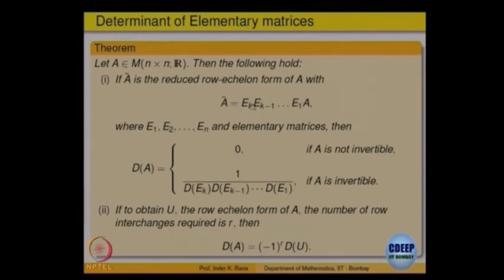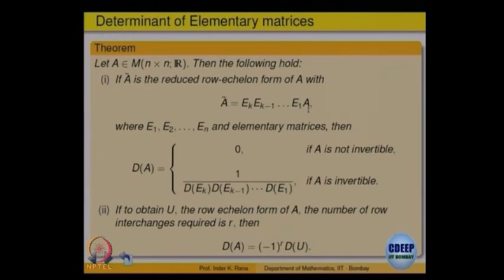So, I can write it as E k multiplied by the remaining one, right. Inductively I am going to apply the previous theorem now. So, it will be the determinant of E k multiplied by the determinant of E k minus 1 into up to A, again apply the same property. So, what will be the determinant of A tilde? Determinant of E k multiplied by determinant of E k minus 1 into determinant of A, right.